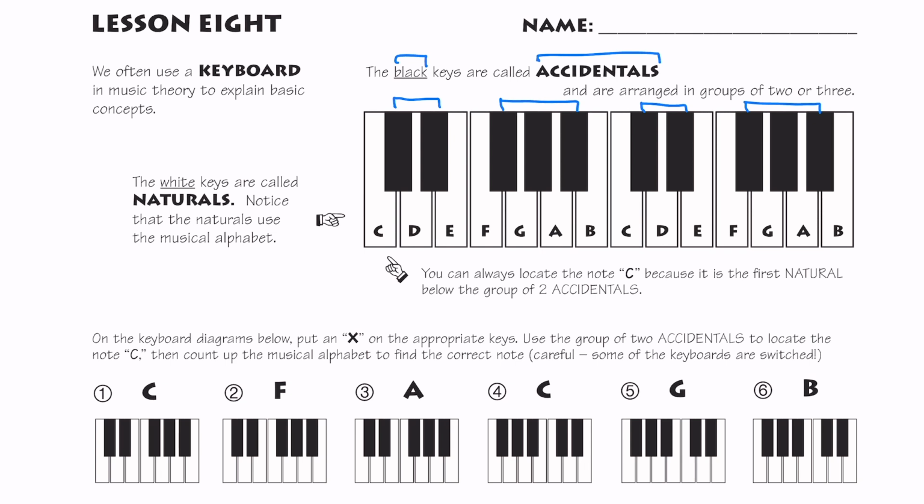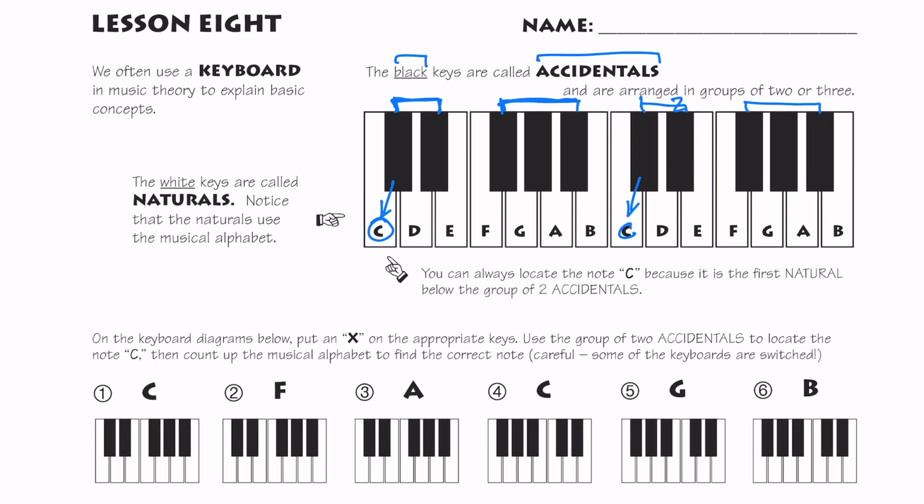Now you can always locate the note C because it is right below the group of 2 accidentals, okay? So we call C a home key. If you always know that here is a group of 2 accidentals, 1, 2, that note below that will always be a C. There's another home key that you can learn below the 3 accidentals.